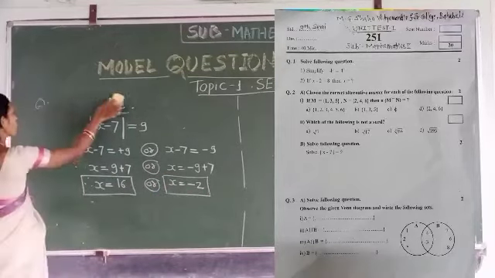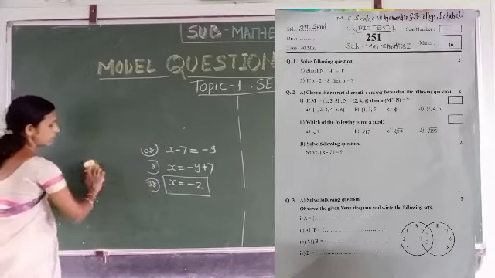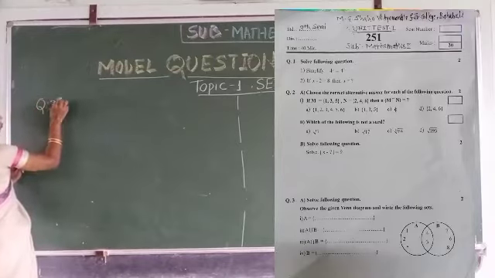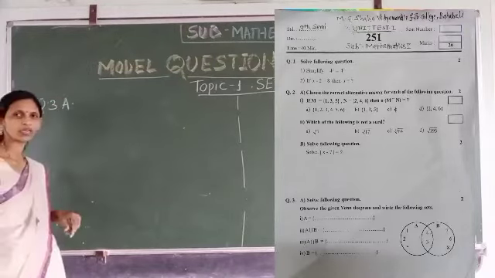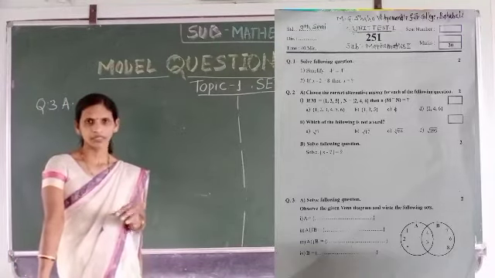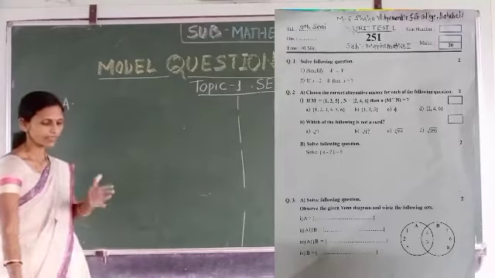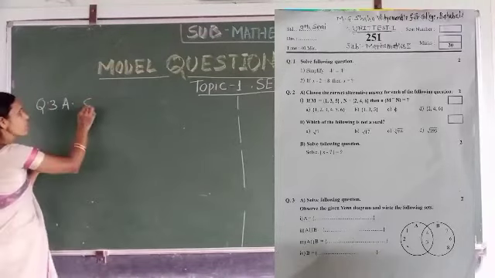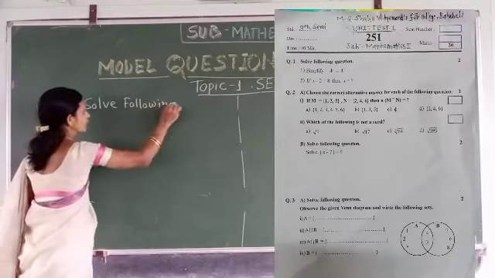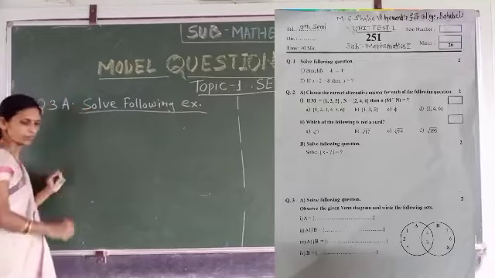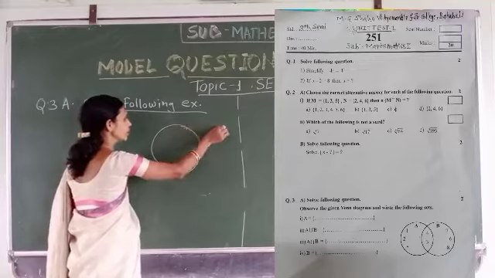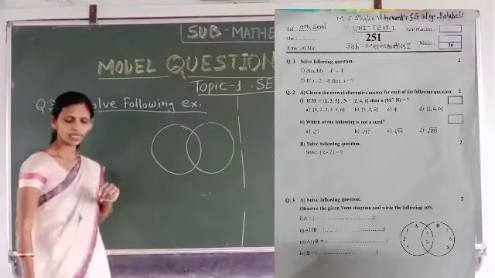Then one more question is given, question number 3a, in which the example is based on different operations on sets. Solve the following example. Here a figure is given, a Venn diagram.